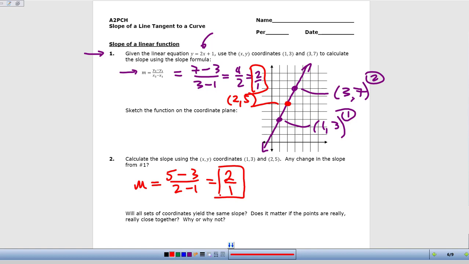Because the slope is constant along a straight line, it doesn't matter which 2 points we pick, we're always going to get the same result. That's the idea behind the question down here: because a line has a consistent slope, it does not matter how close together or how far apart the points are, or which 2 points we pick along the line, as long as it's a straight line, the slope is going to be the same no matter what.